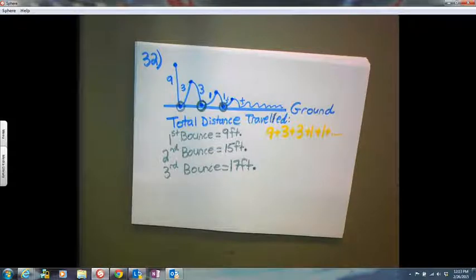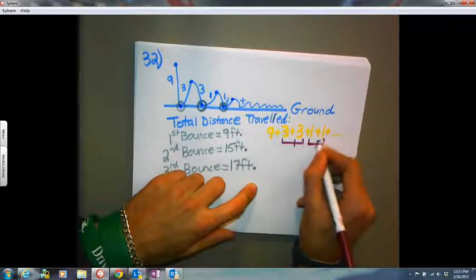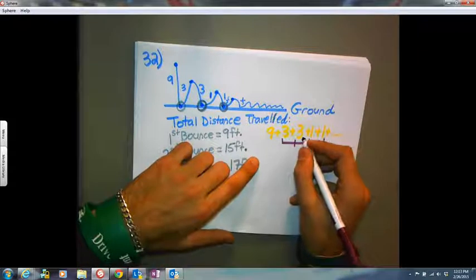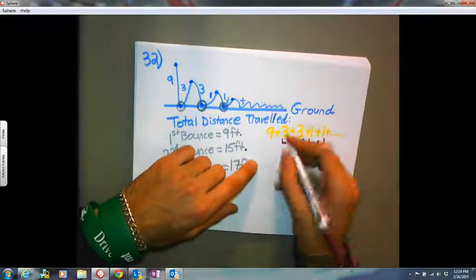We have a couple problems. One is these numbers are doubled. Why are they doubled? Does anyone know why these numbers are doubled? Because it bounces up and down. So if we could get rid of the doubling, we might have a chance to have a geometric sequence. So I'm going to rewrite this, just this doubling part, as this.